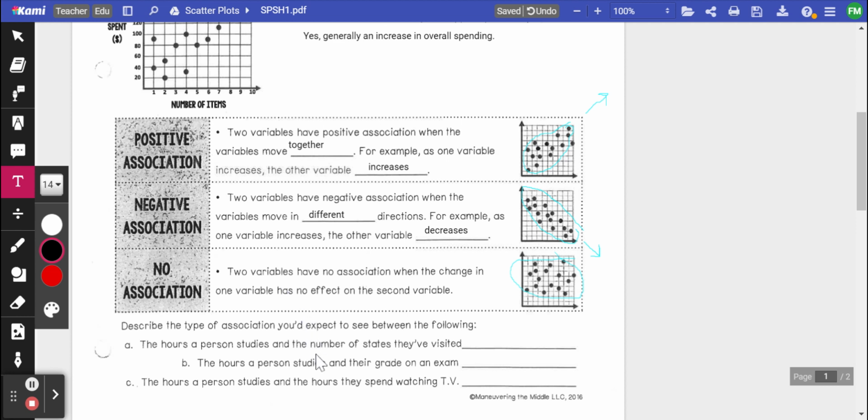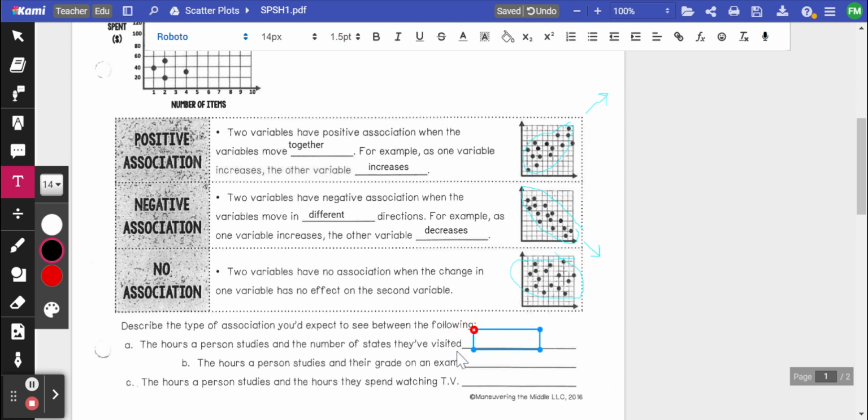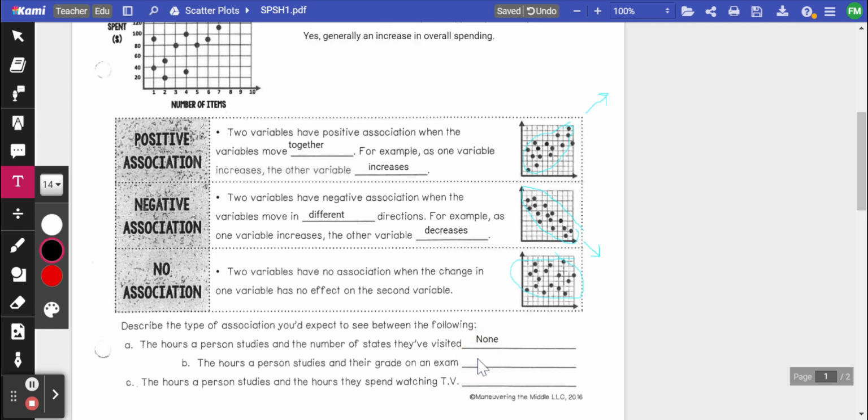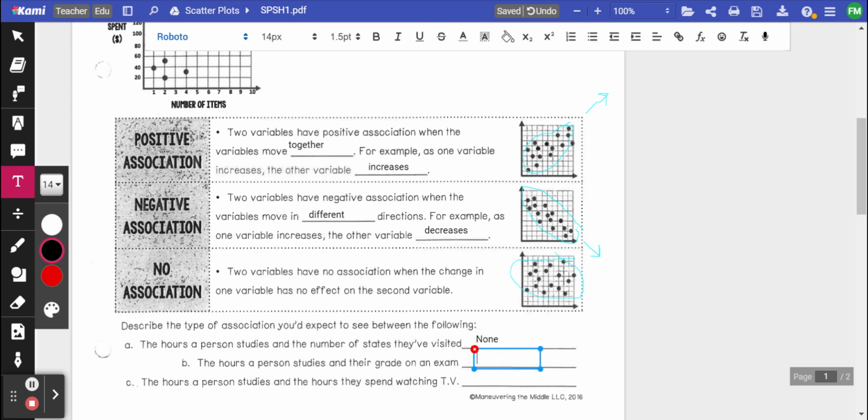Describe the type of association you expect to see between the following: the hours a person studies and the number of states they visited. Well, the last time I checked, how smart you are does not determine the number of states that you go to. Versus the hours a person studies and their grade on an exam or a test.